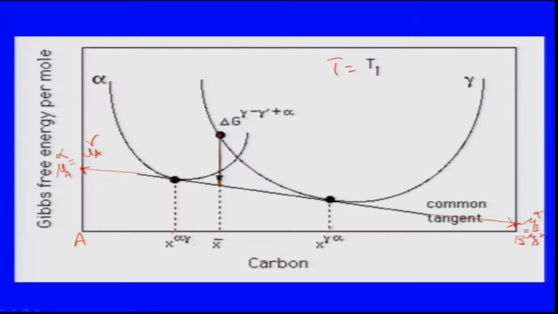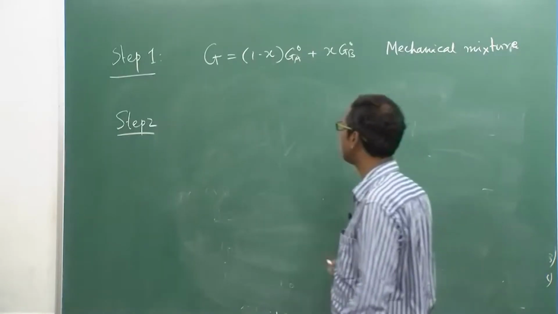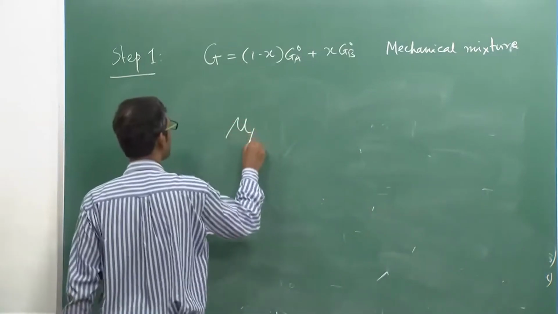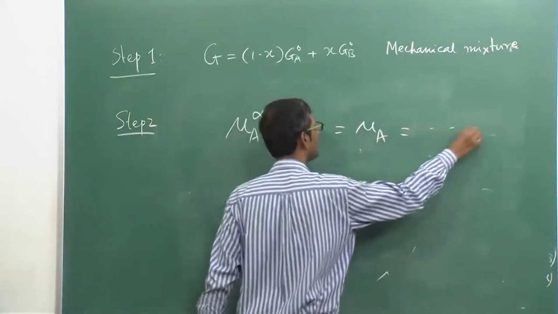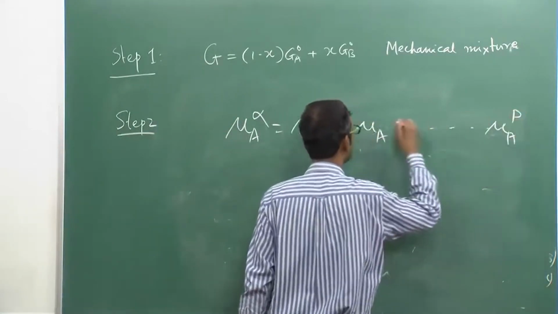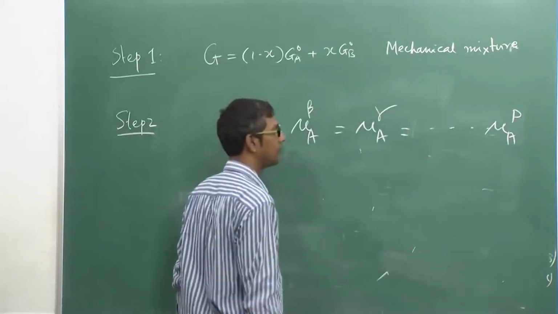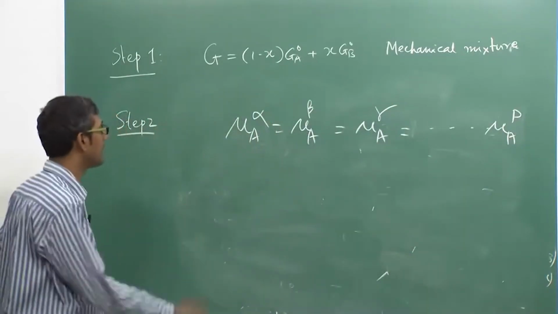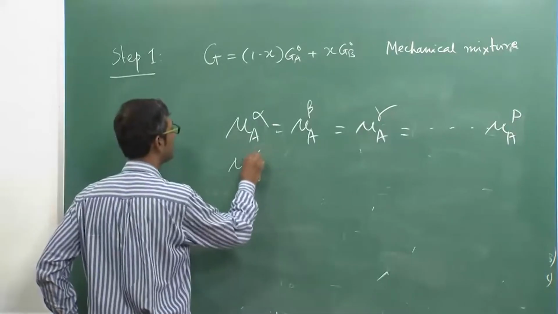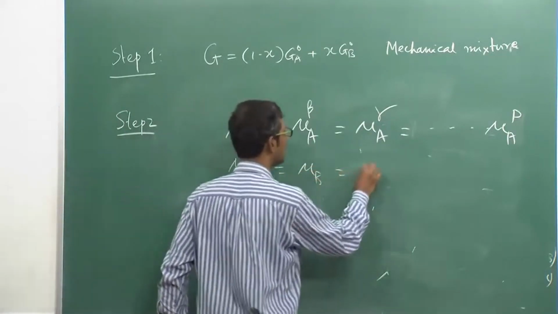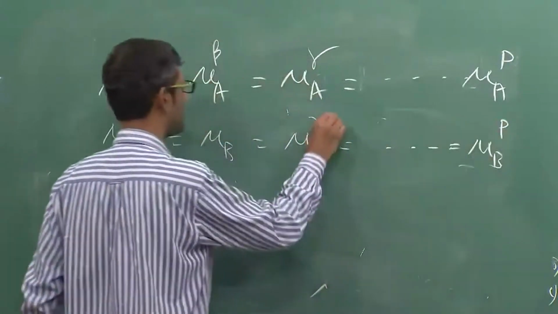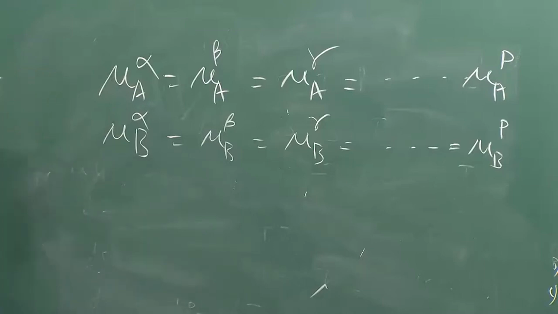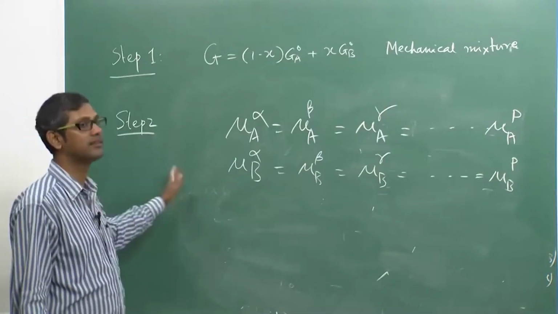It does not matter how complex the system is, even if you have many components and many phases, you simply write the condition like this. That must be satisfied. Similarly, if I have another component B, again the same thing. It does not matter how many components are present, I can simply write this equation.